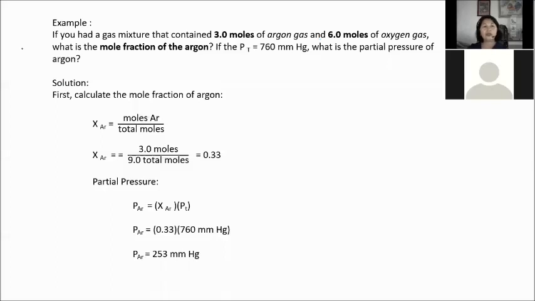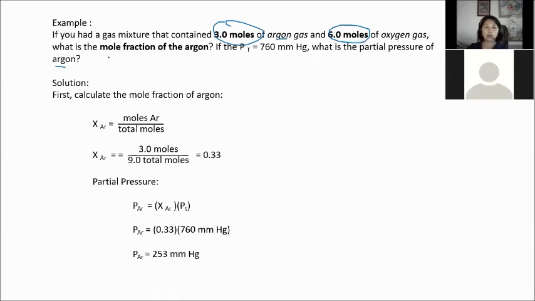Okay, so may problem tayo to illustrate partial pressures. If you had a gas mixture that contained 3 moles of argon and 6 moles of oxygen gas, what is the mole fraction of the argon? That is, if the total pressure is 760 mmHg, what is the partial pressure of argon? Okay.